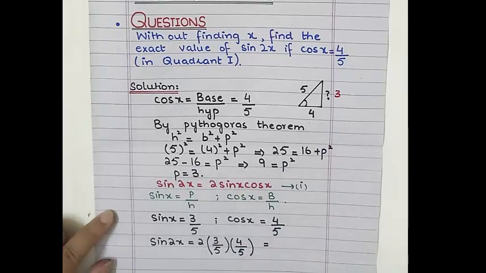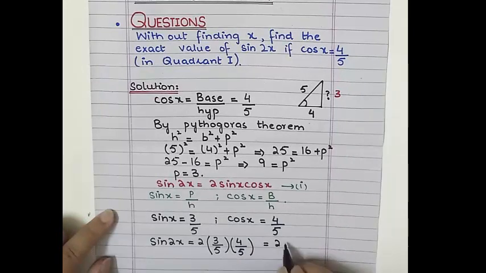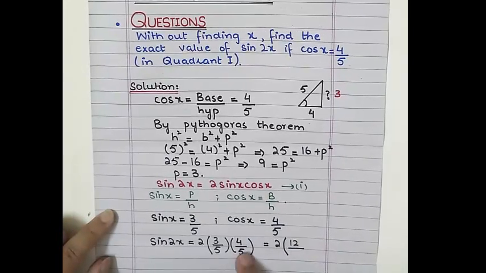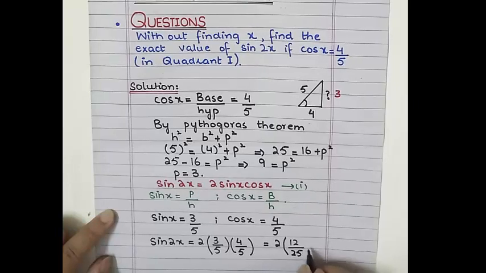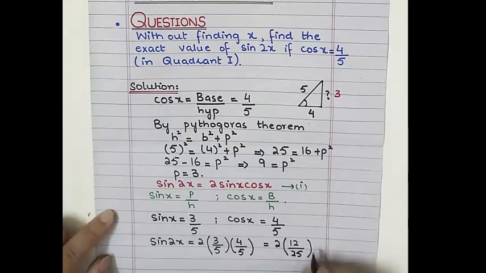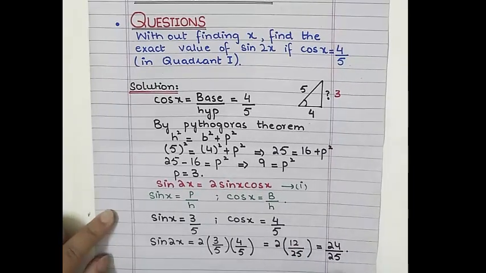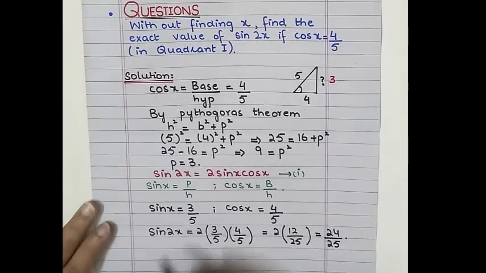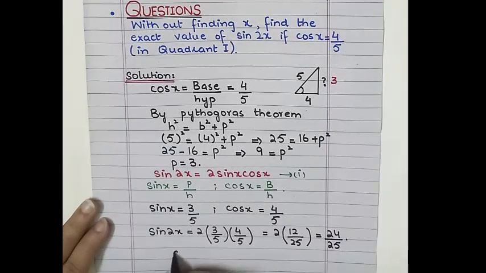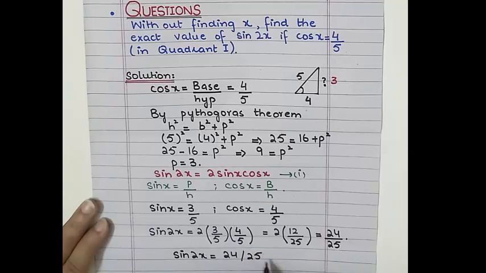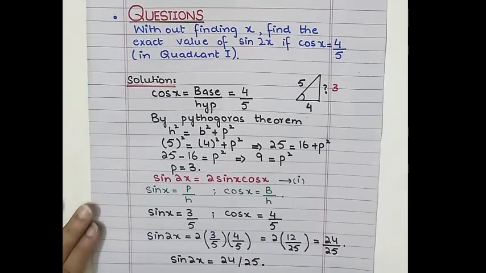So this is equal to 2 into 3, 4 times is 12, over 5 5 times is 25. This is equal to 12 2 times is 24 over 25. So this is the value for sine 2x. Sine 2x is equal to 24 divided by 25. So this is the answer.